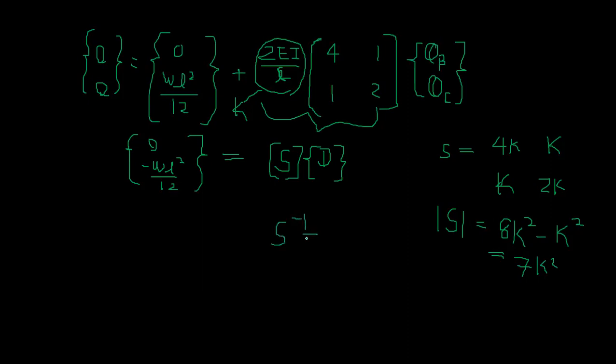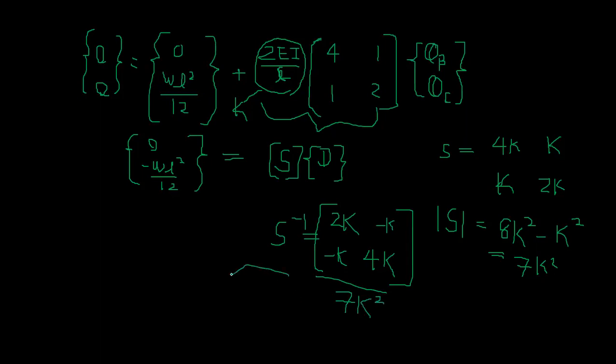And the inverse, S inverse: you interchange these two main diagonal entries, so that is 2K and this is 4K. And you multiply the off-diagonal by -1, so this is minus K, this is minus K. And you divide by the determinant, 7K squared.